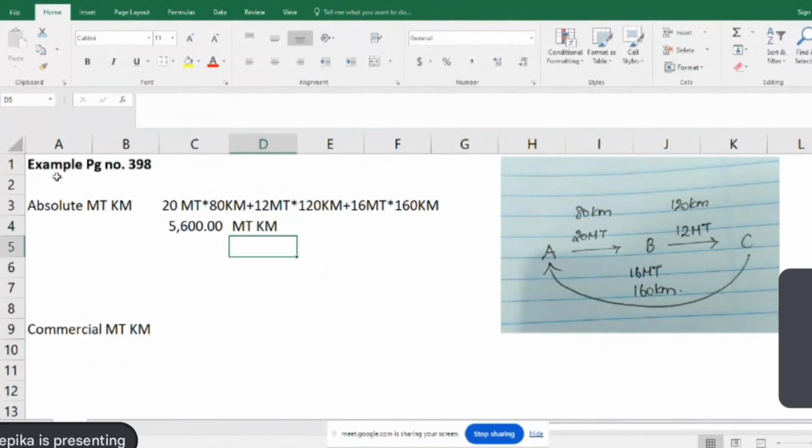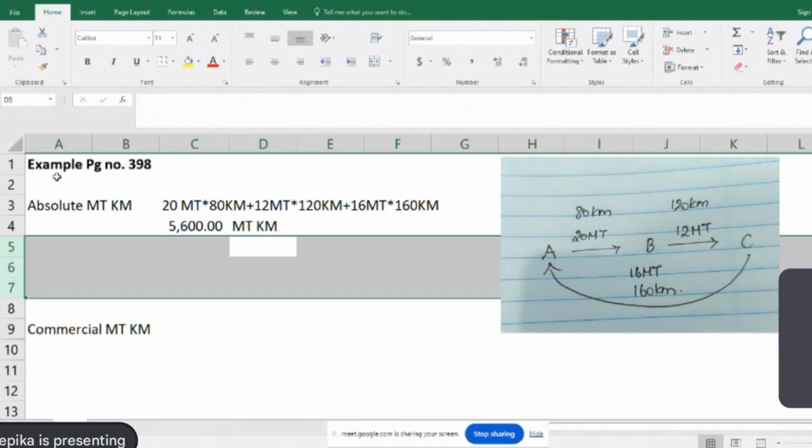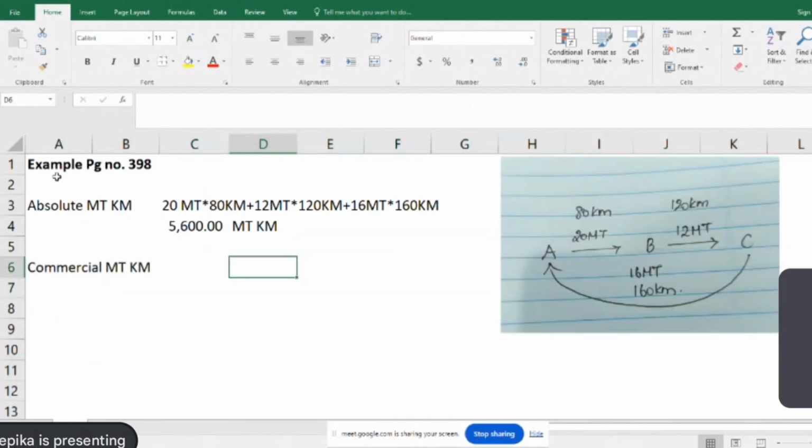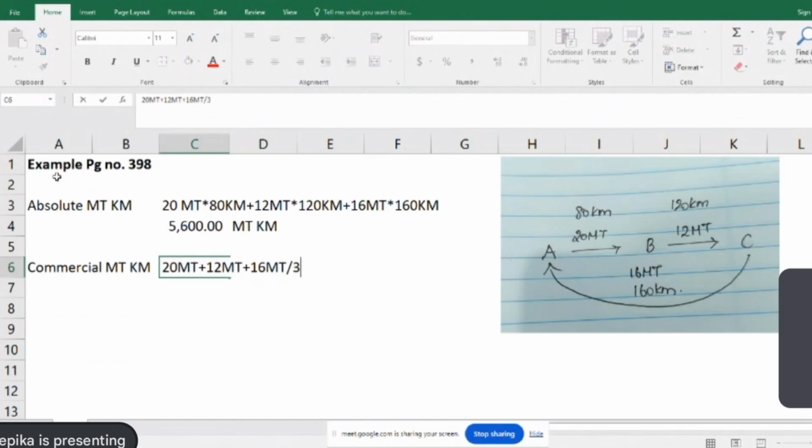So in commercial metric ton kilometer, the weight alone you are taking as a simple average. What are the weights? 20 metric ton plus 12 metric ton plus 16 metric ton divided by 3, simple average.